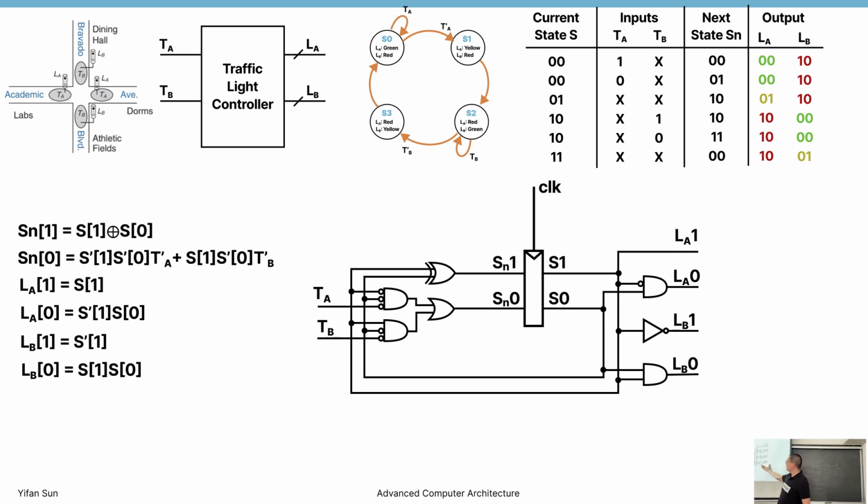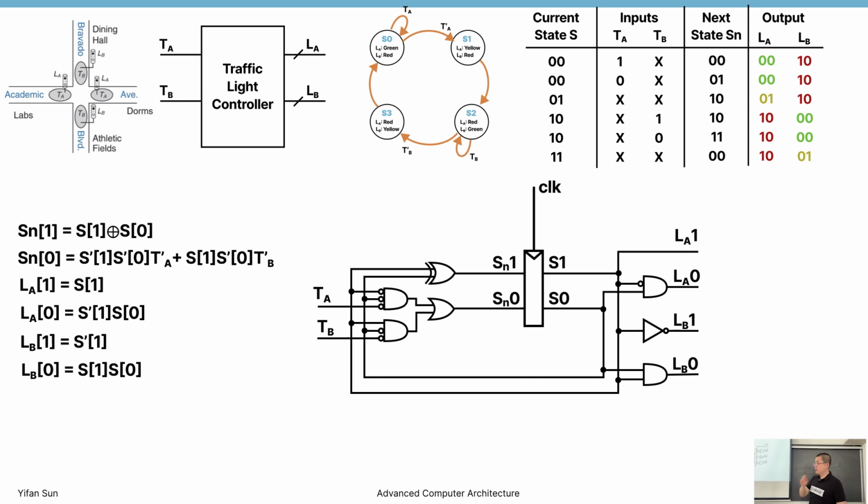At the same time, on this side, we call this group of circuits the output combinational logic. The output combinational logic only depends on S1 and S0. And using 3 very simple gates, we can generate 4 output bits. And these 4 output bits can drive the red, green, and yellow lights to turn on and off.